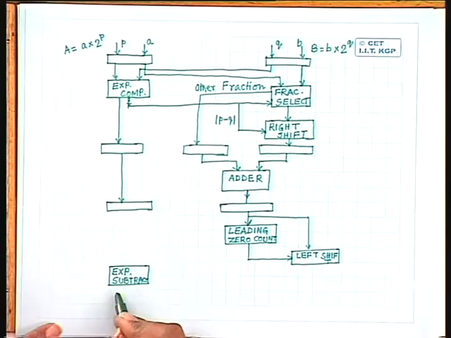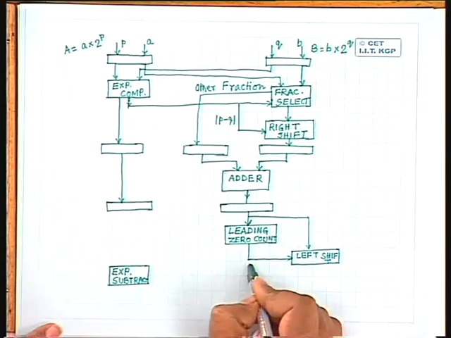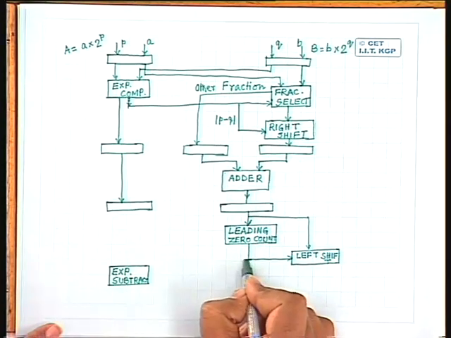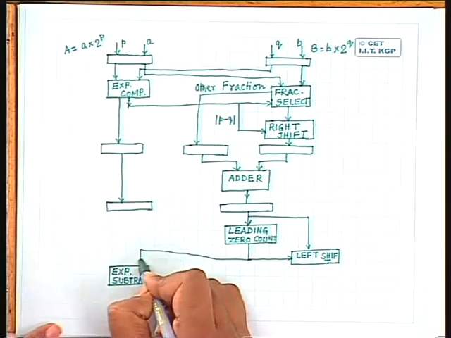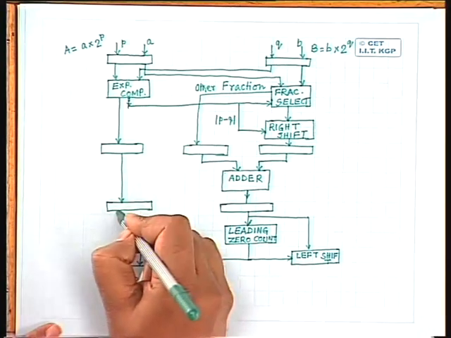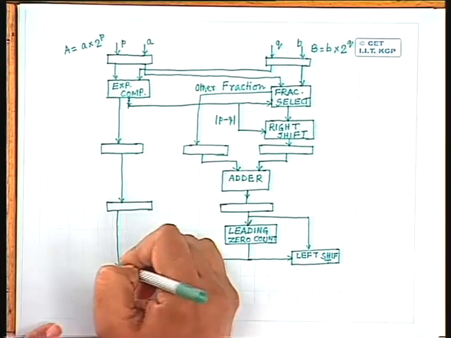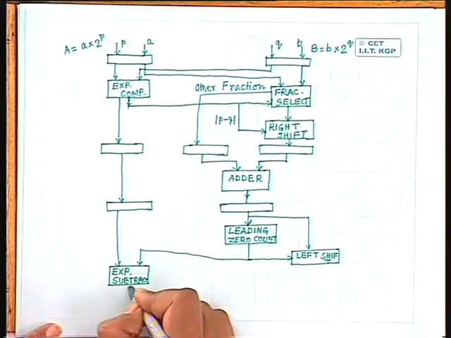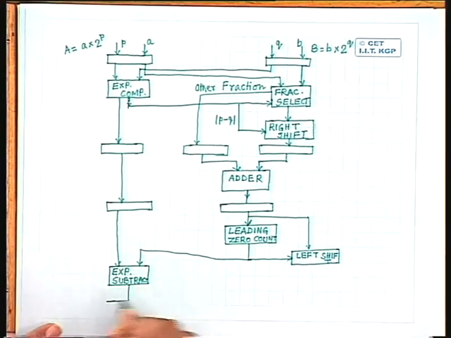And this exponent subtractor has to get the output from this leading zero counter. The output will be subtracted from the selected exponent, and then finally what you get is the result.